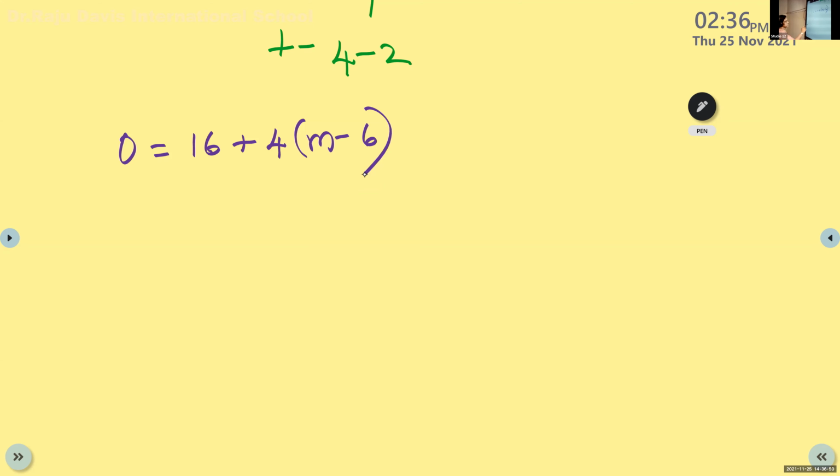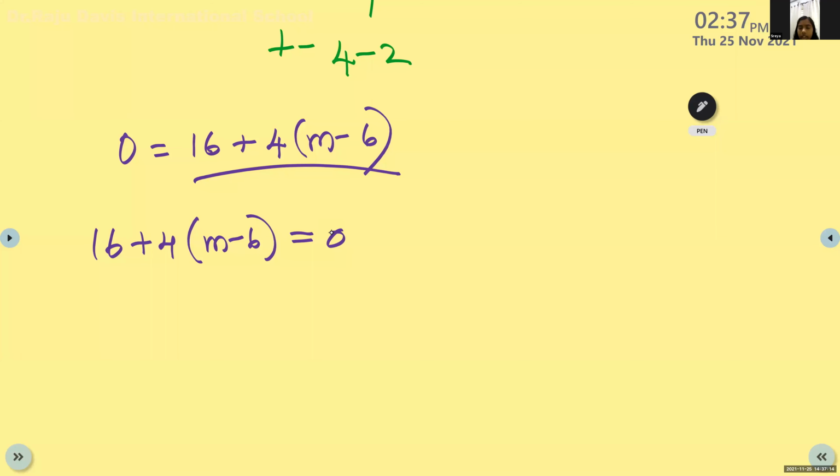We can just write 16 plus 4 into m minus 6 is equal to 0. We can write first step. Then 16, what to do now after this? Shreya, I'm not finding you in my class. That's why I'm asking. Are you doing the follow-up? Yes, ma'am.